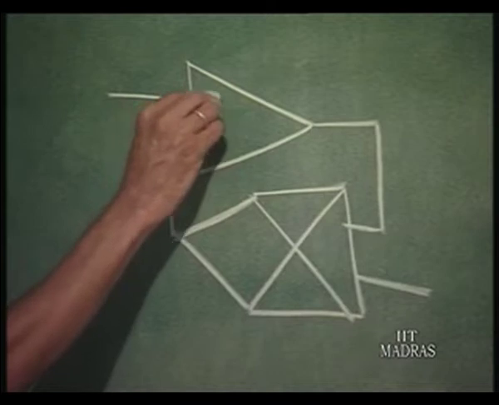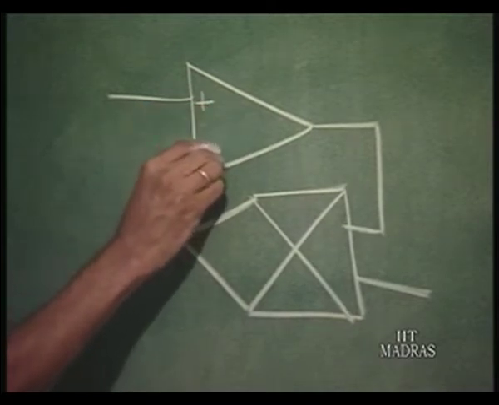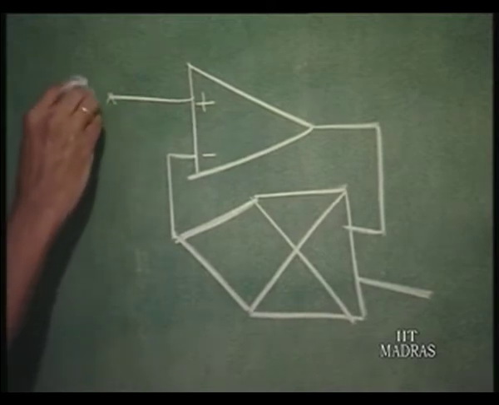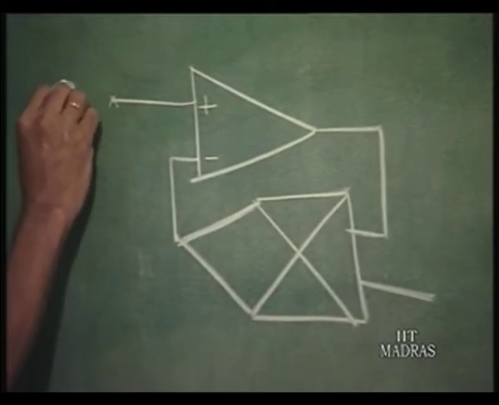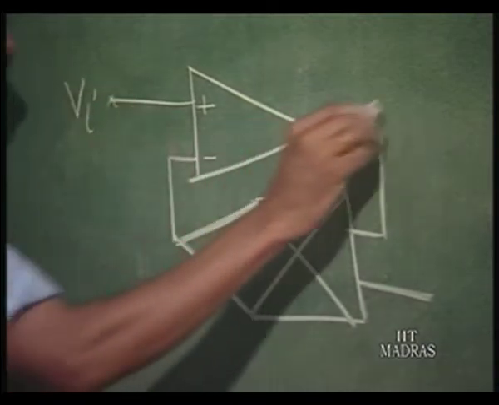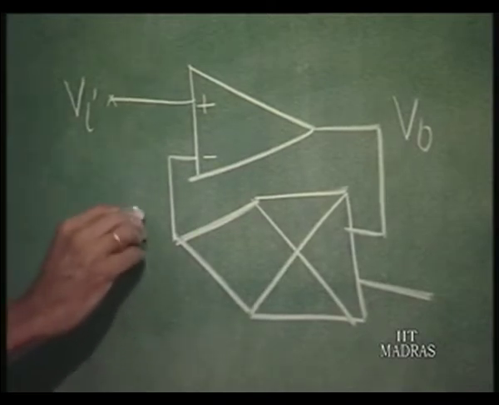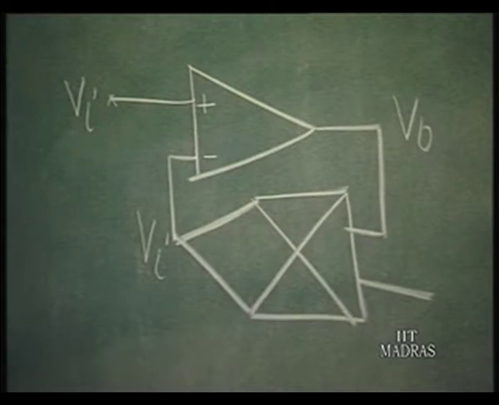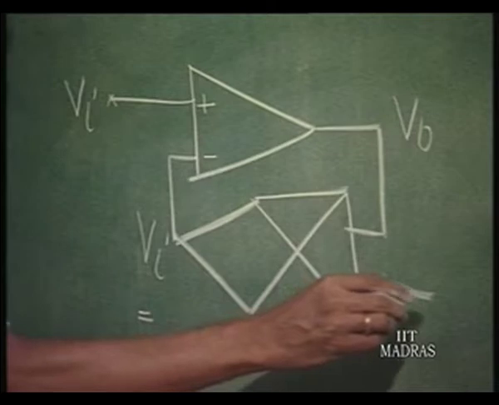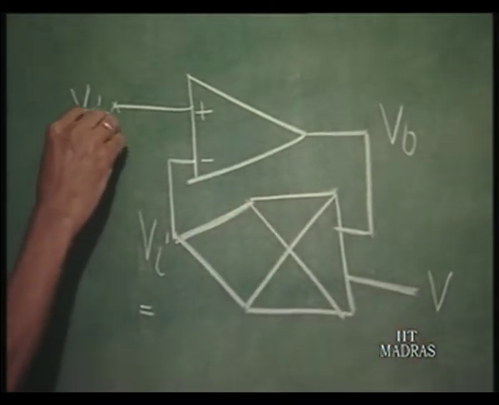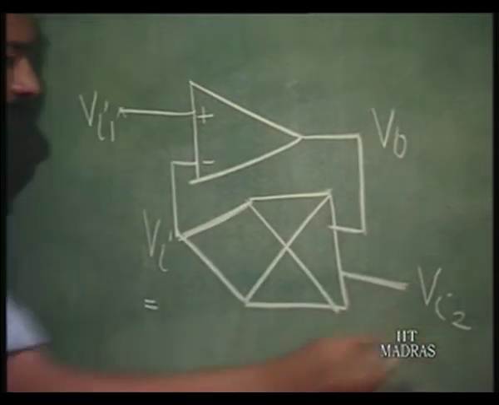So, let us consider an op amp of this type. This is V I, this is V naught. This should be V I if the feedback is negative in the case of an op amp. Let us say this is V I 1 and this is V I 2.